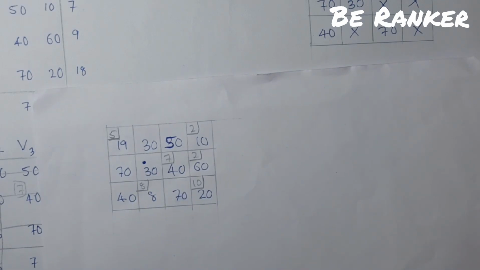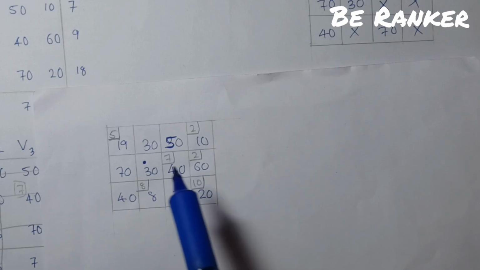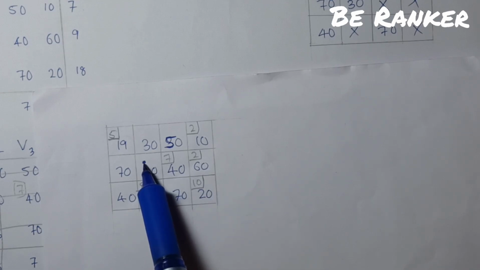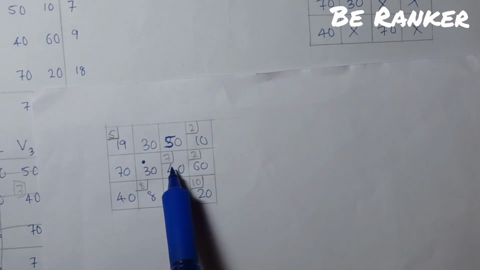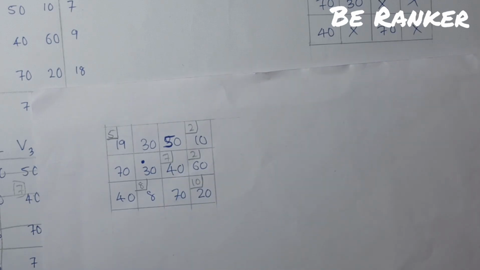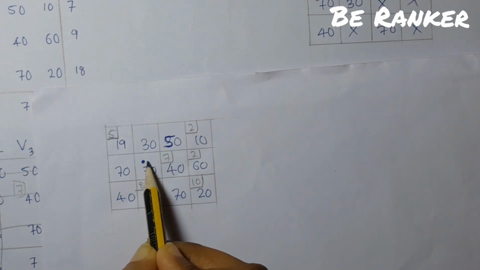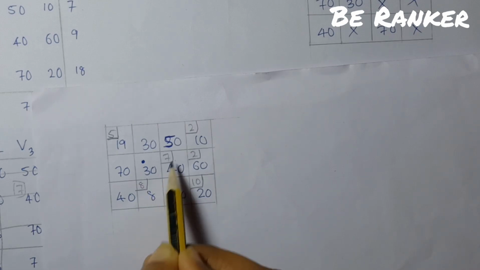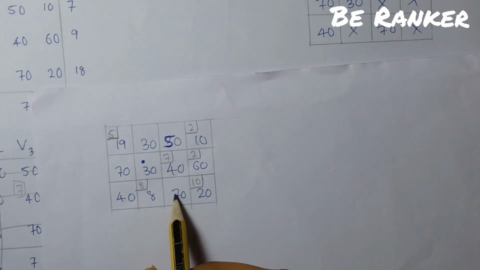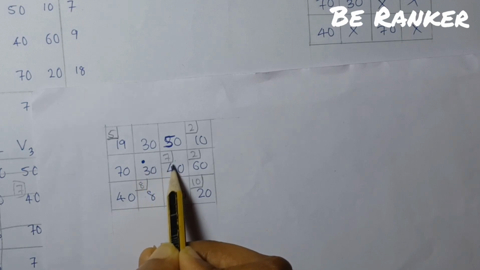The process rule is that we want to draw a rectangle or a square from the negative cell of Dij, and all corners must be in allocated cells. So here if we draw a rectangle like this, this is an allocated cell and this is also an allocated cell, but here it is not an allocated cell, so we can't draw like this.